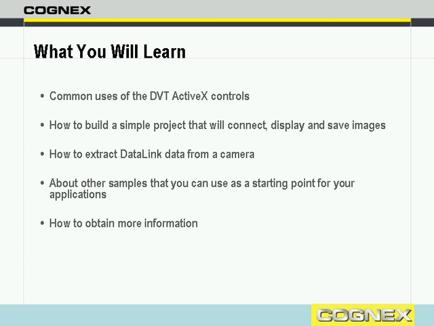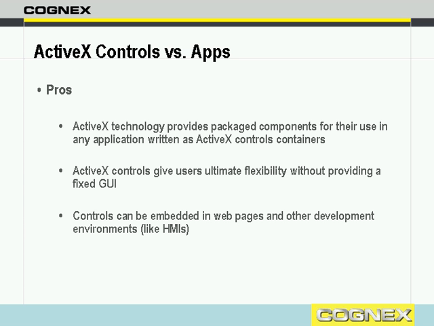We'll talk about displaying and saving images, and some other functionality included in all those controls, for example, extracting data link information from a camera using the data link control, and some other functionality in the DVT manager control. And then at the end, we're going to talk about how to obtain more information as far as sample projects and documentation on how to use these controls.